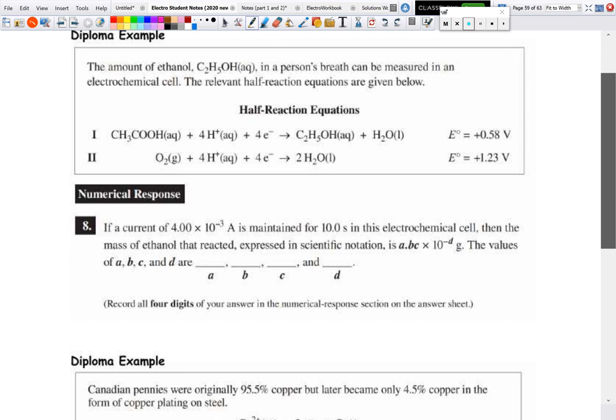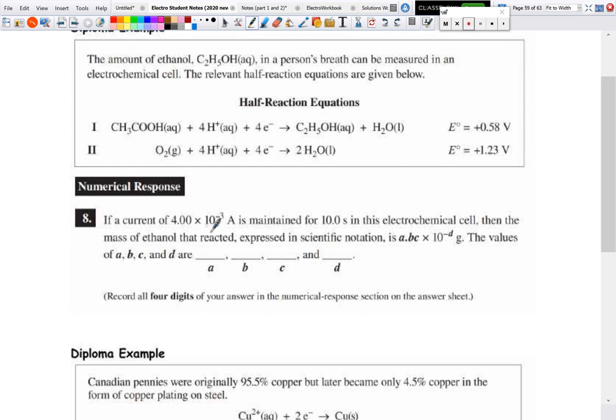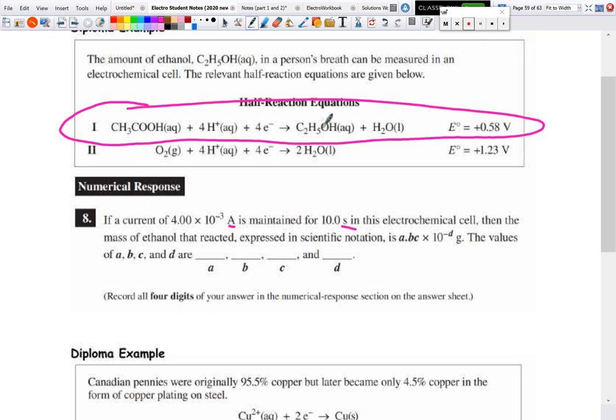And what we have for the question, if a current of 4 times 10 to the negative 3 amps, so that unit is fine, is maintained for 10 seconds, that unit is fine as well, in this electrochemical cell, then the mass of ethanol that reacted, expressed in scientific notation, is A decimal BC times 10 to the power negative D grams. So for this one, obviously we are using this half reaction because we have our ethanol right here and the number of moles of electrons there, right?